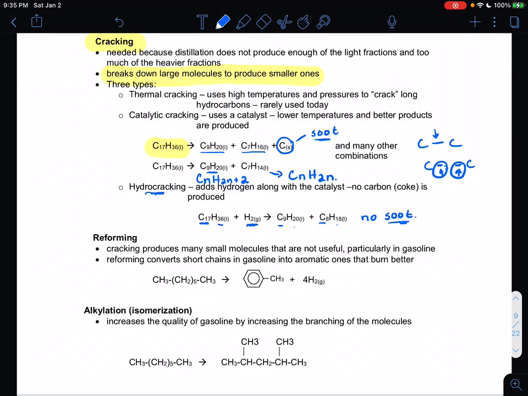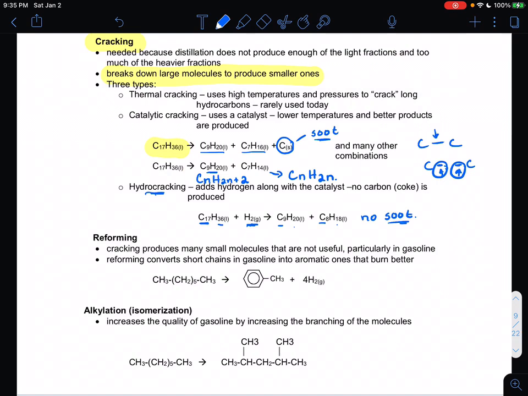C17 would be too thick and would gum up an engine. Something with 9 carbons and 7 carbons will very readily burn in an engine. All right, so the last thing I want to do: to help me remember cracking, I think about spaghetti and cracking it into 2.